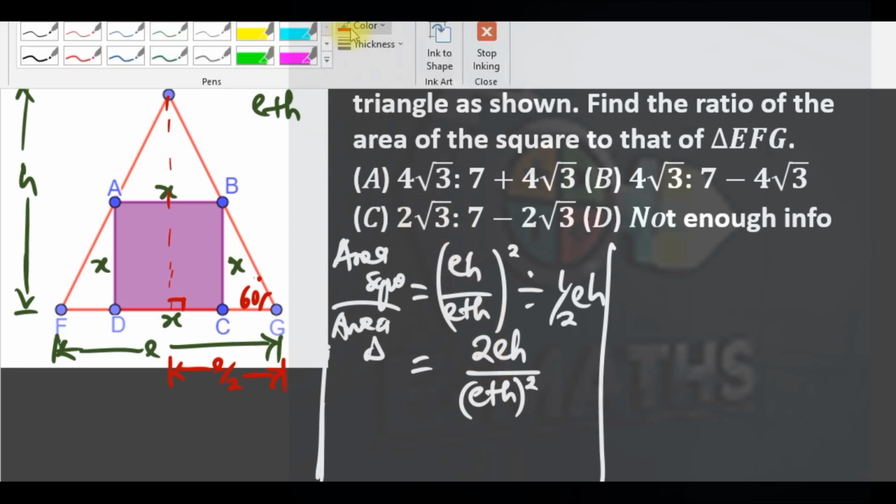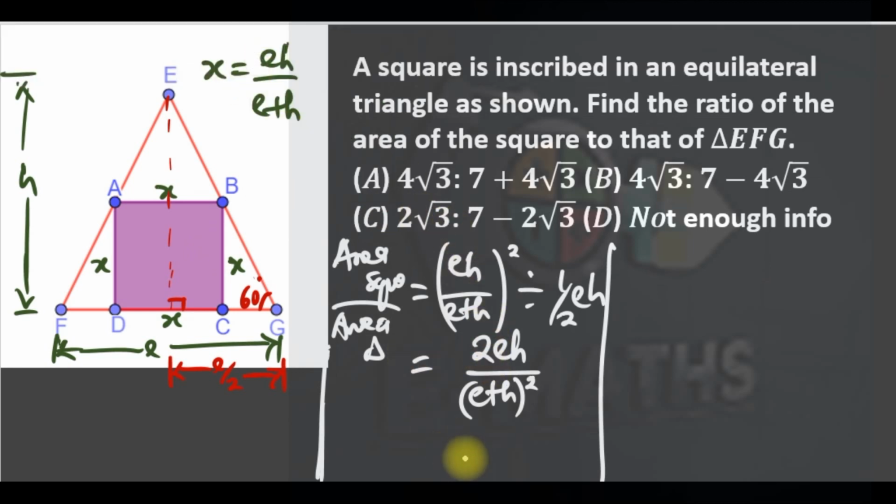So I'm saying that the height is E over 2 root 3, over E plus E over 2 root 3, all squared. So which is, this is 2, so I have E squared root 3.